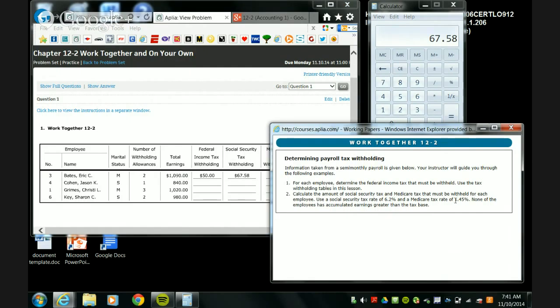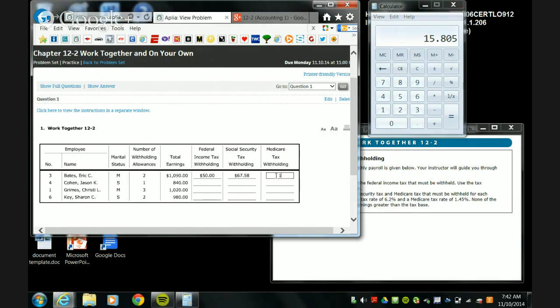Medicare is the same. We've got 1.45%, so I express that again as 0.0145. Multiply that again by his total earnings, and I get $15.81, because I'm going to round that.